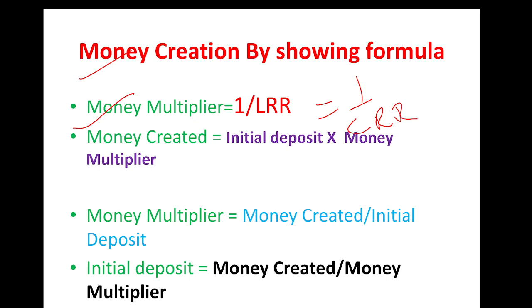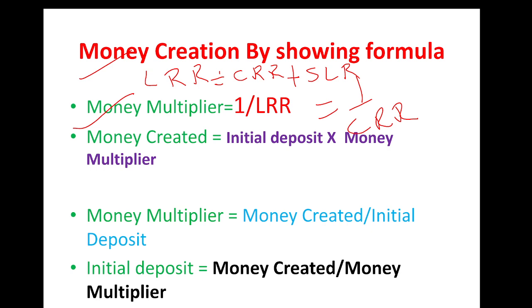LRR is equal to CRR plus SLR. SLR means statutory liquidity ratio. So these two are added to find out LRR.